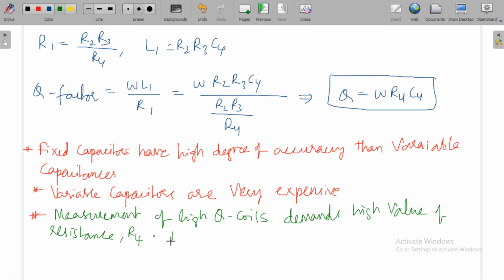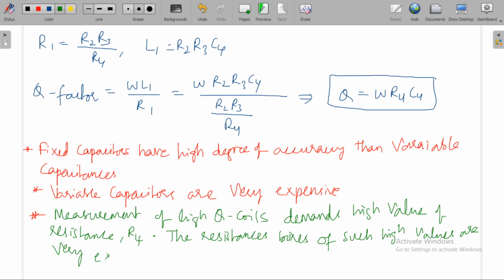Okay. The resistance boxes, normally we use decade resistance boxes. Decade resistance boxes of such high values are very expensive.